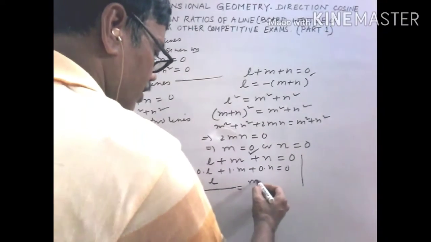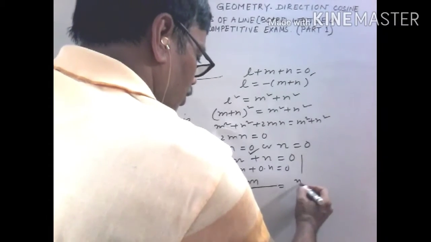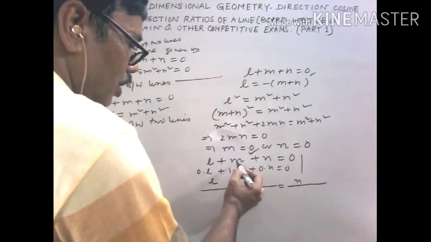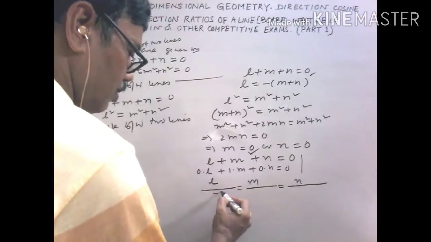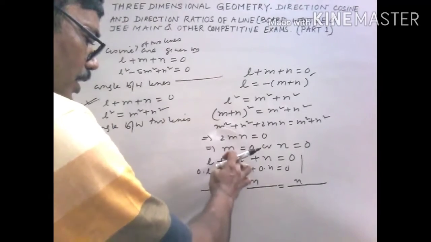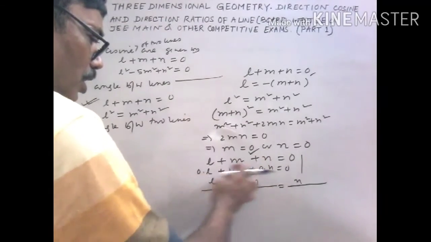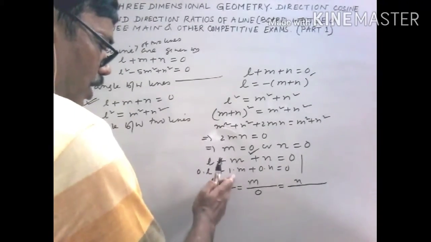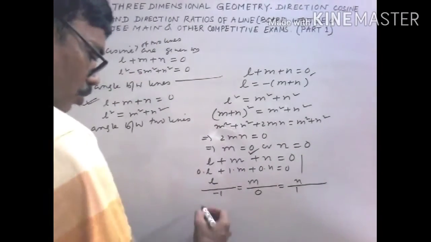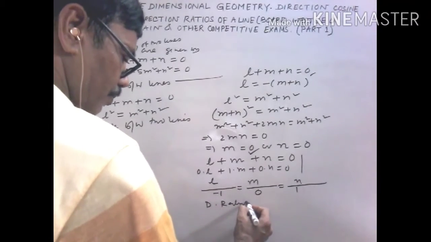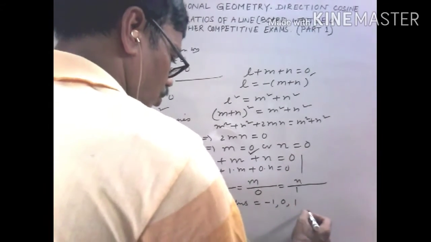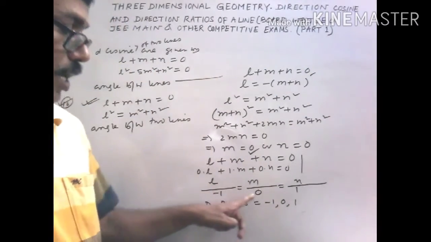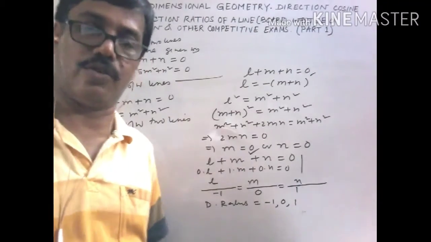So by cross multiplication, which is vital in the case of 3 dimensions, l by 0 minus 1, so this is minus 1. m by 0, and this is also 0. n by 1 into 1, so this is 1. So what are the direction ratios of the line? Minus 1, 0, 1, or we can write 1, 0, minus 1. So l, m, n are proportional to this. That is why they are direction ratios.